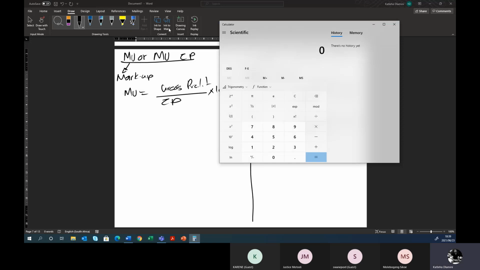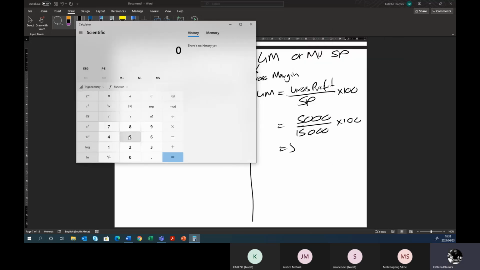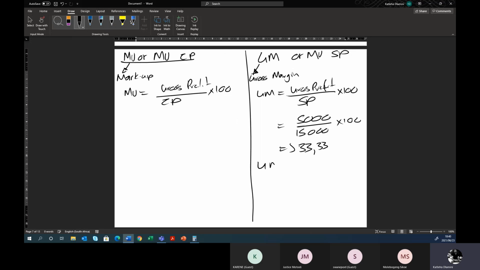Okay, so we have 5,000 divided by 15,000 multiplied by 100. I have 33.333 recurring, right? I built my table. I have cost price, gross margin, and selling price. Remember I said this will now be 100%.